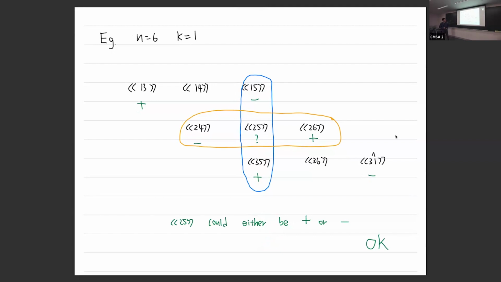Similarly, if we look at k equal 1, this time we have 1 sign flip. So either the 2,5 is positive or negative, this sequence will have 1 sign flip, and similarly for the one I circled in the blue line.